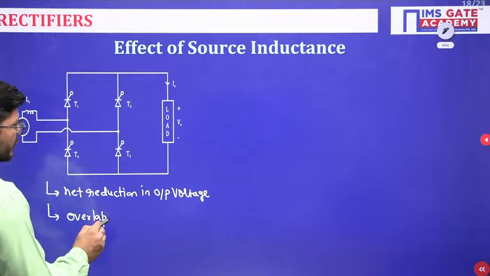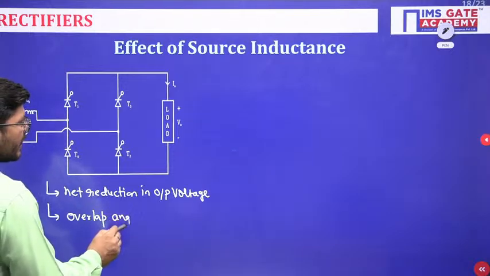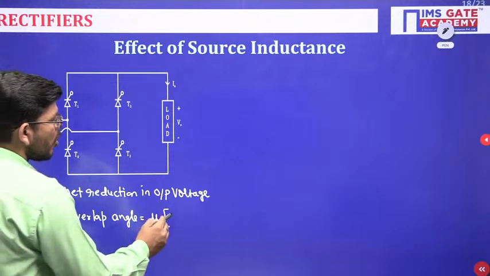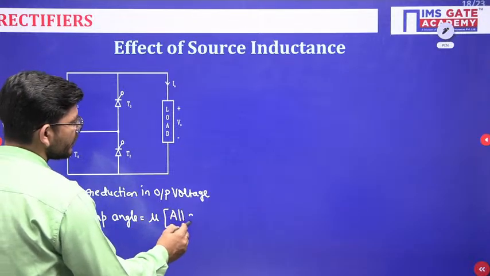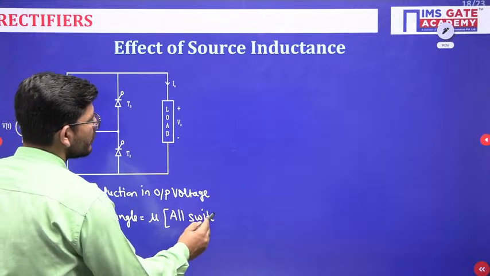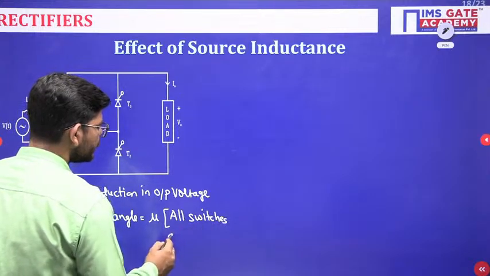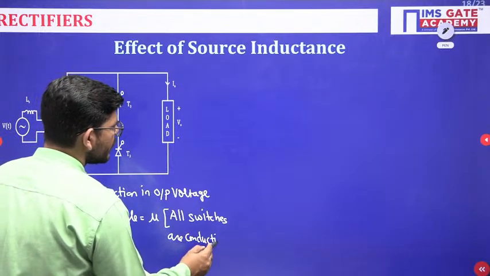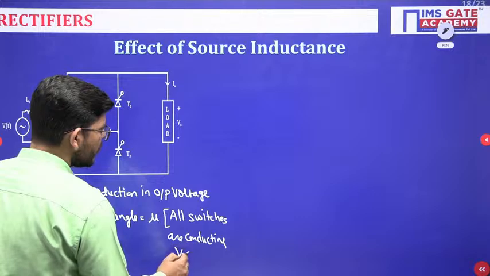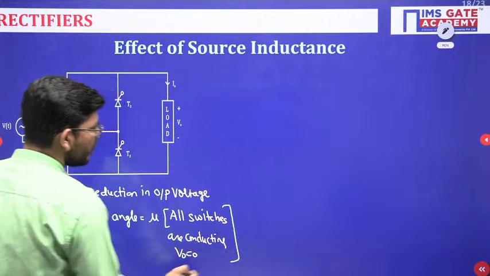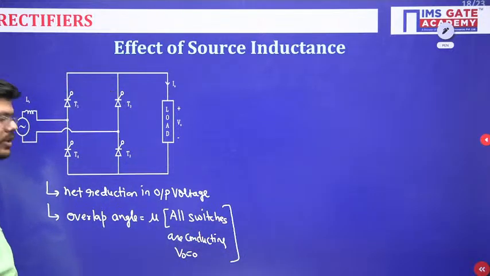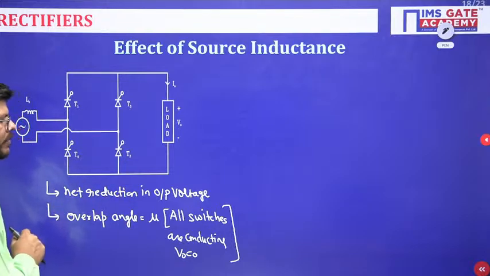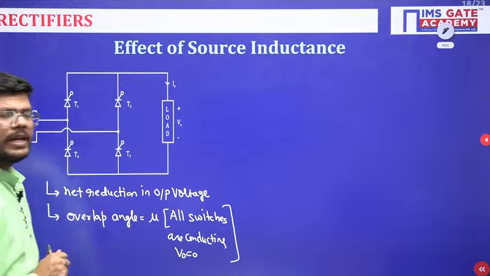So there is something called overlap angle which is mu, and during this angle all the switches are conducting, and because of that we will be having output voltage equal to 0. So net reduction in the output voltage, overlap angle concept will be there, and all switches will be conducting.